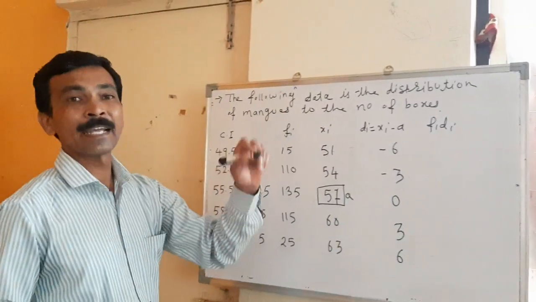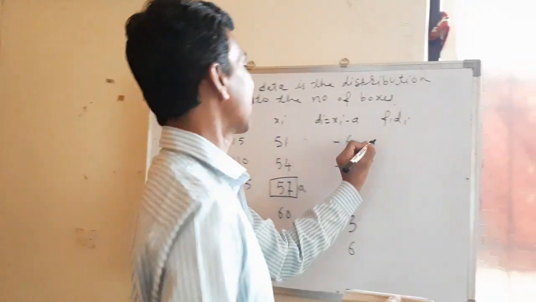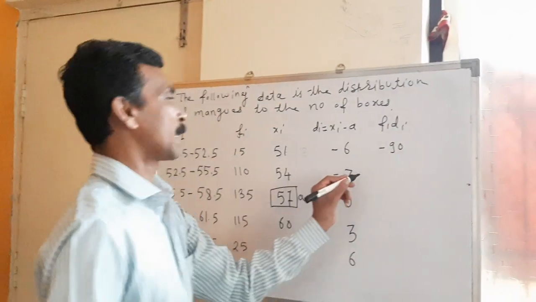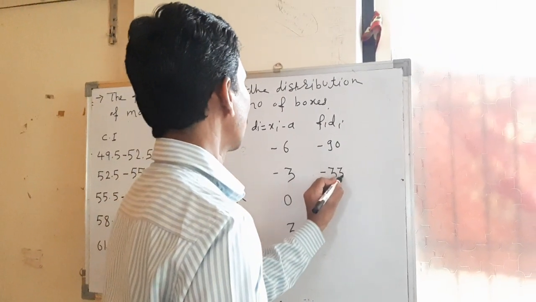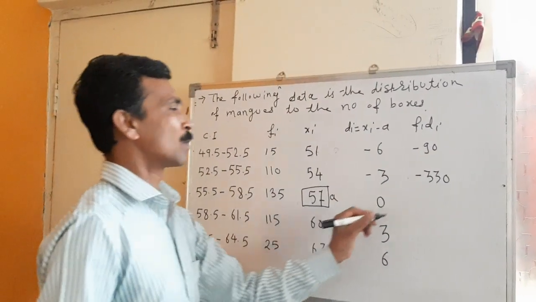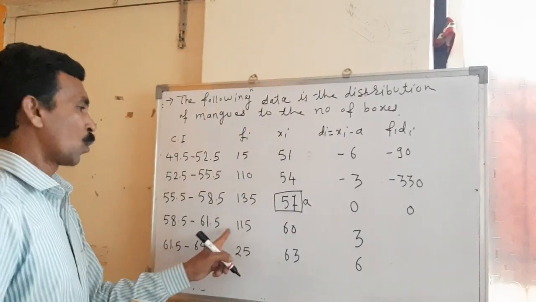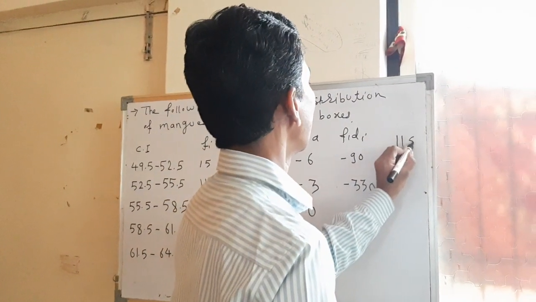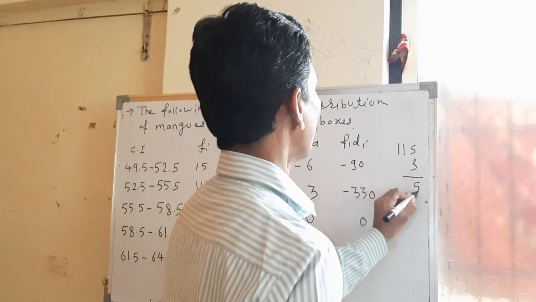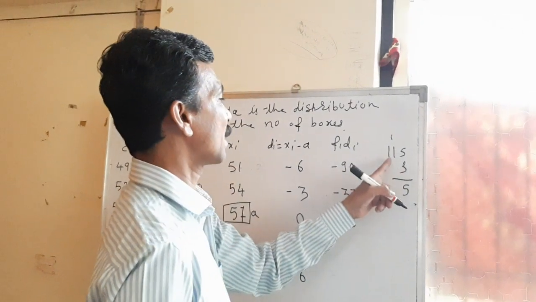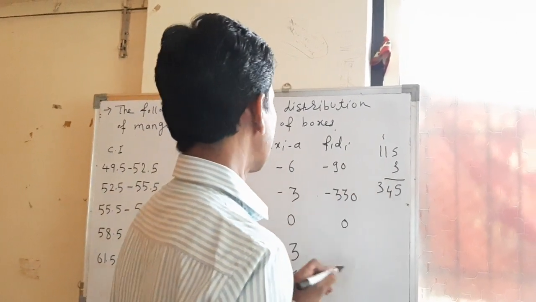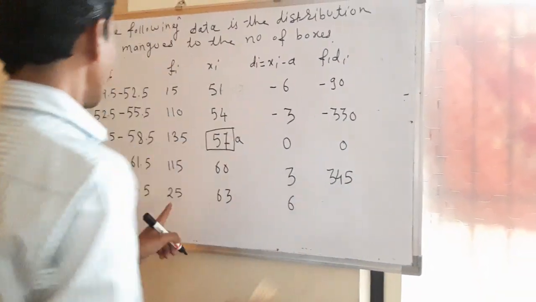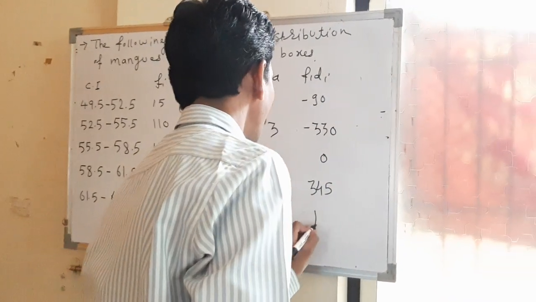Now I will multiply Fi Di. 15 into minus 6 is minus 90. 110 into minus 3 is minus 330. 135 into 0 is 0. 115 into 3: 3 5s are 15, 3 1s are 3, 4, that is 345. 25 into 6 is 150.